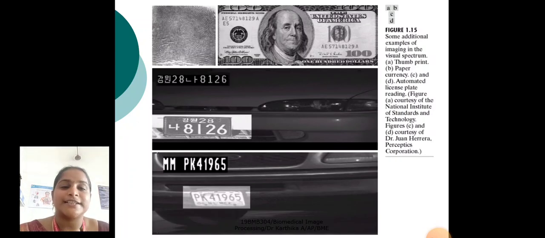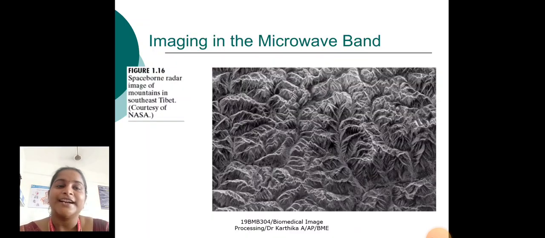Next are some additional applications of imaging in the visual spectrum. Here the first one is a thumbprint, second one is paper currency, and the third and fourth are for automated license plate reading. Next one is imaging in the microwave band.